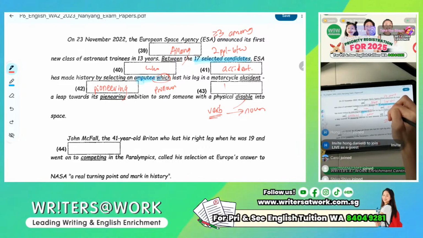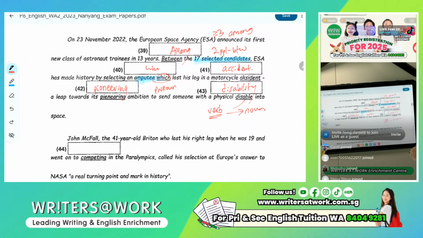So it will be disability. It's the same as able. If you are able to do something, your ability. So if something is disabled, that means cannot do, then it will be disability. Okay? So sometimes when you encounter this kind of word form change, it's good to think of certain words you have written before and try to draw that connection.